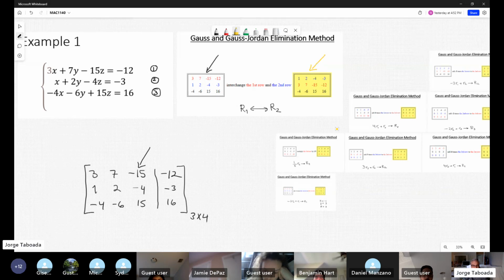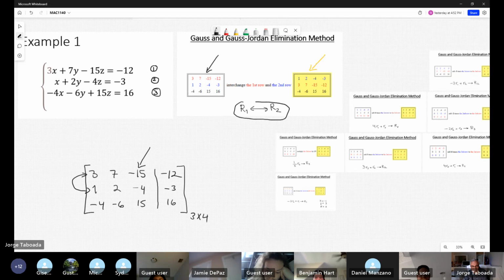So now what is easy? Because in order to guarantee the first pivot equals 1, the only thing I did was interchange row 1 and row 2. So the symbolic way to indicate this idea is this. You permute row 1 and row 2. And the system is the same system, it's the same equations, it's the same everything, but I am nice because I have pivot 1 in the first column.